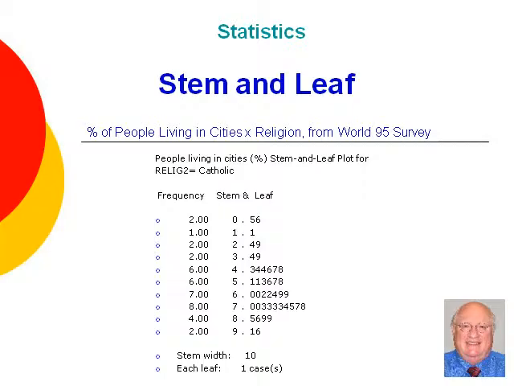In the sample you have here on this page, data are the percentage of people living in cities for nations with Catholicism as the predominant religion.